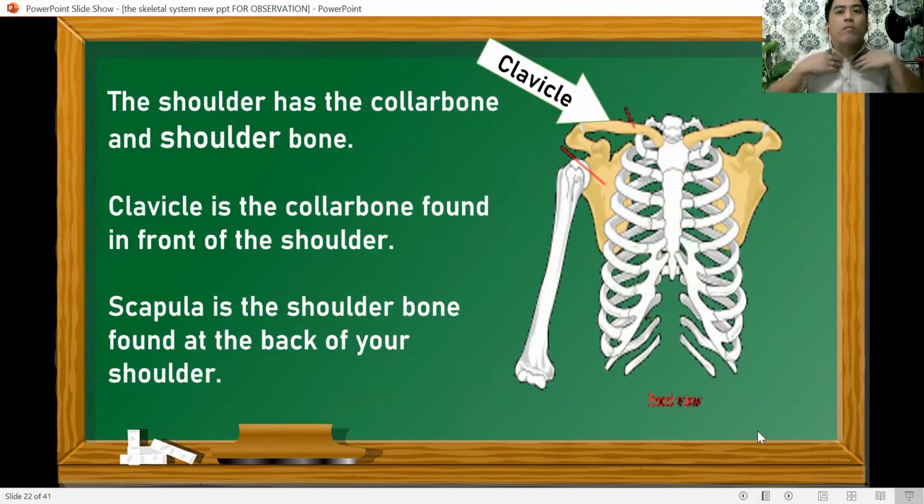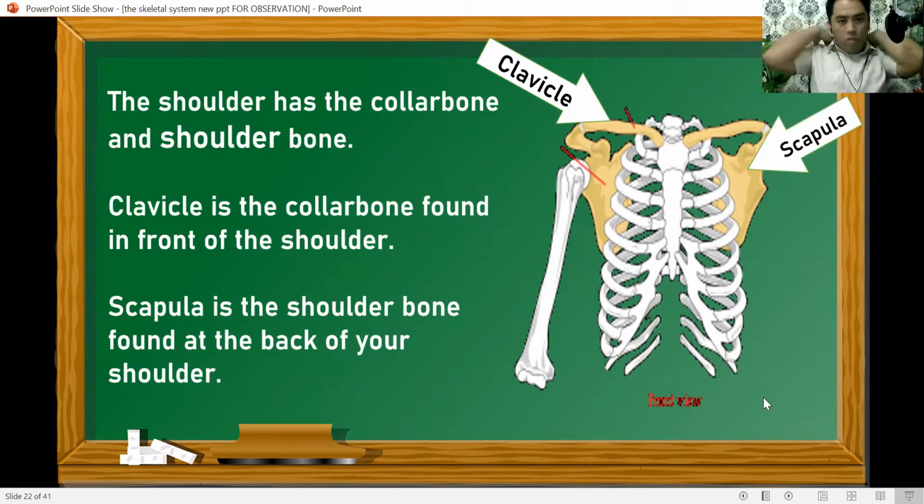Pag tinapik nyo dito, may bones yan dito sa may kwelyo ninyo. So, yun ang tawag, clavicle or collarbone. Next, we have the scapula. Shoulder bone. Dito sa may likod niyan. Pag tinapik nyo yan dito, meron parang nakaumbok. Yan ang tinatawag nating scapula or the shoulder bone.